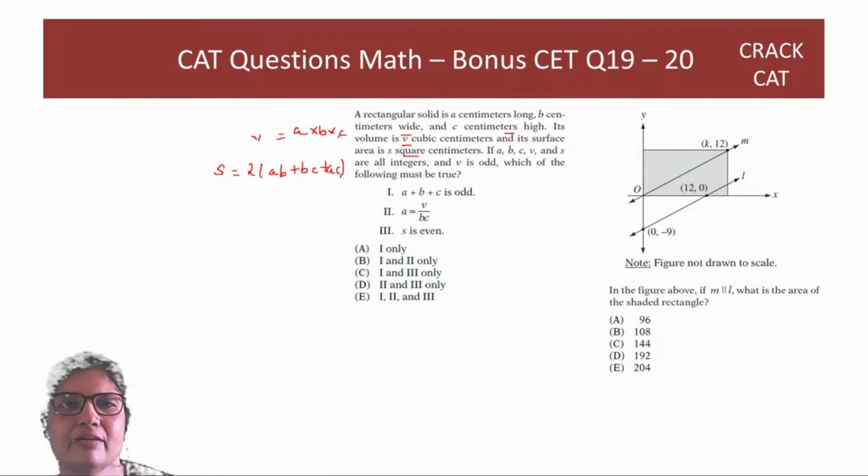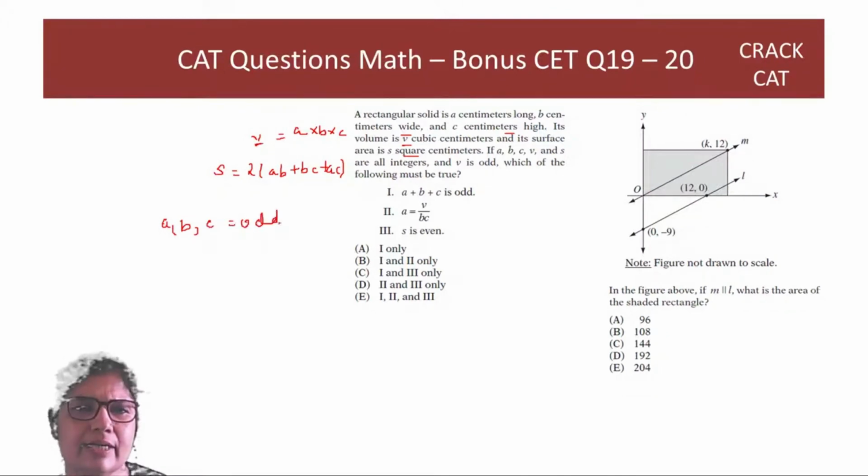If A, B, C and S, all of these are integers and V is odd, which of the following must be true? V is odd, that means A is odd, B is odd, C is odd, because all of them are integers, right? And V is also odd. Now in this, if all three are odd, then each of these terms is odd. But S is even because it is 2s.